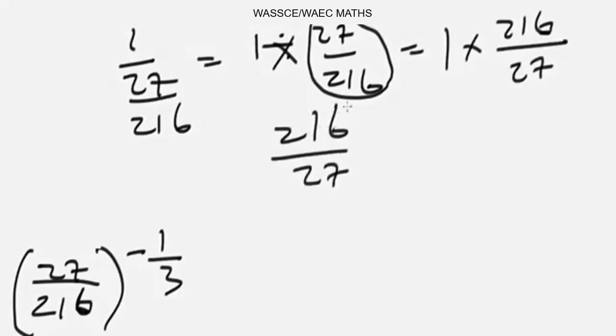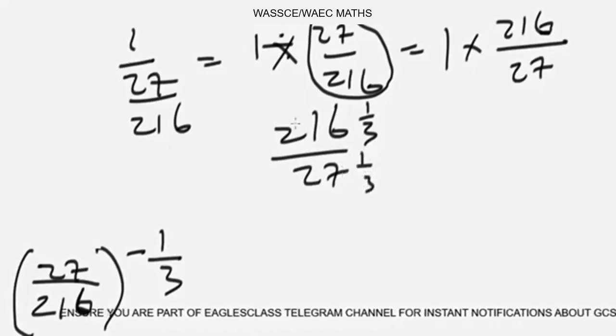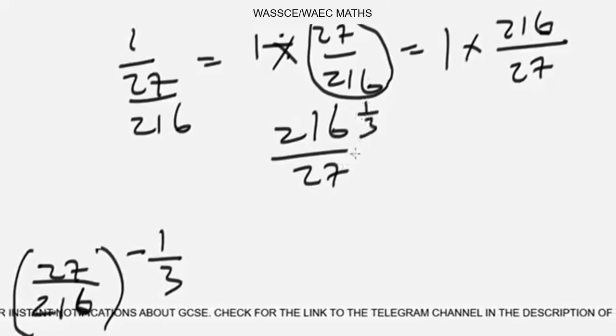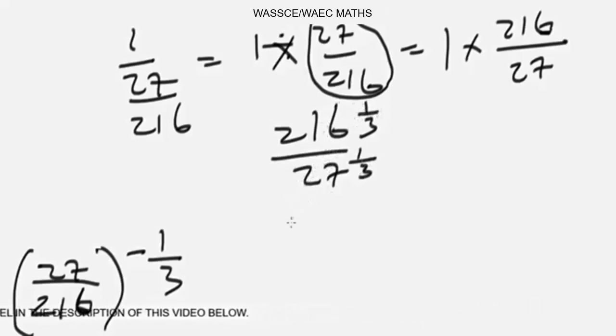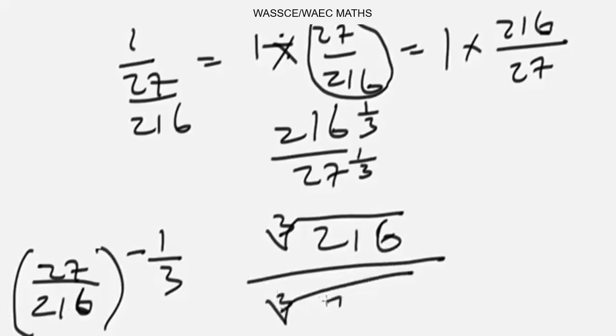Now that we have done this, we can put the fractional power without the minus. So we have 1 over 3 as the power on both. Applying the indices rule here again, this is the cube root of 216 over the cube root of 27.